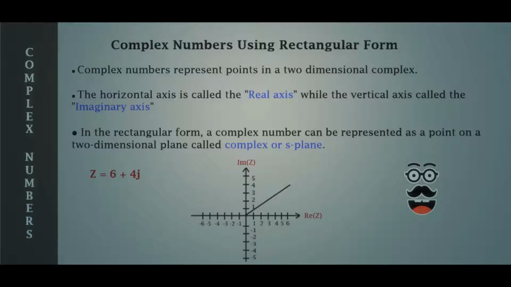Then we mark the point (6, 4). Then draw a line from the zero point to the marked point as shown in the figure. Okay, I think you understood how to draw and name the complex plane.